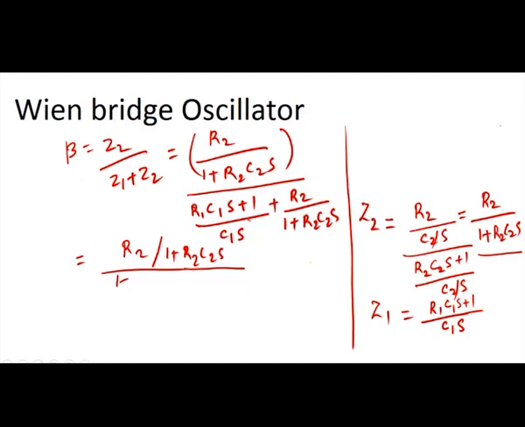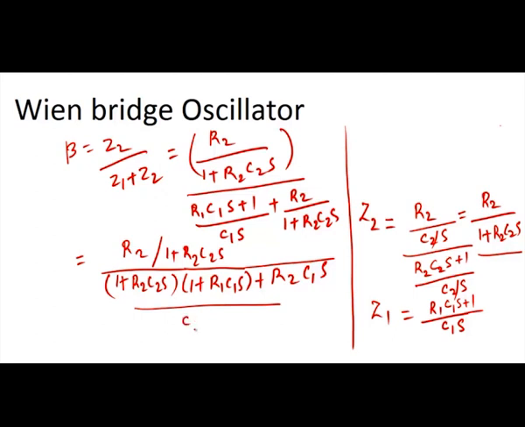In the denominator, if you take LCM, then it is 1 plus R2 C2 S into 1 plus R1 C1 S plus R2 C1 S, divided by R1 C1 S into 1 plus R2 C2 S. So these two terms will get cancelled.